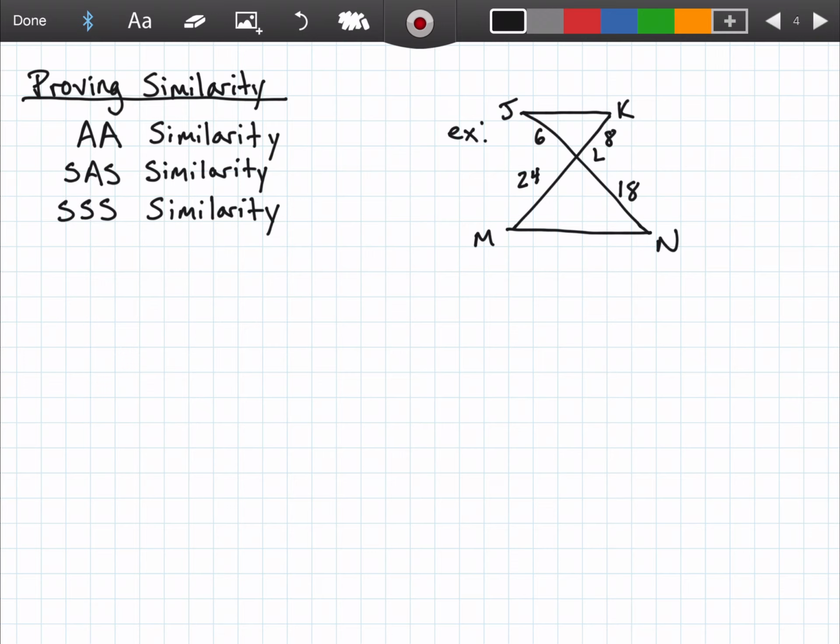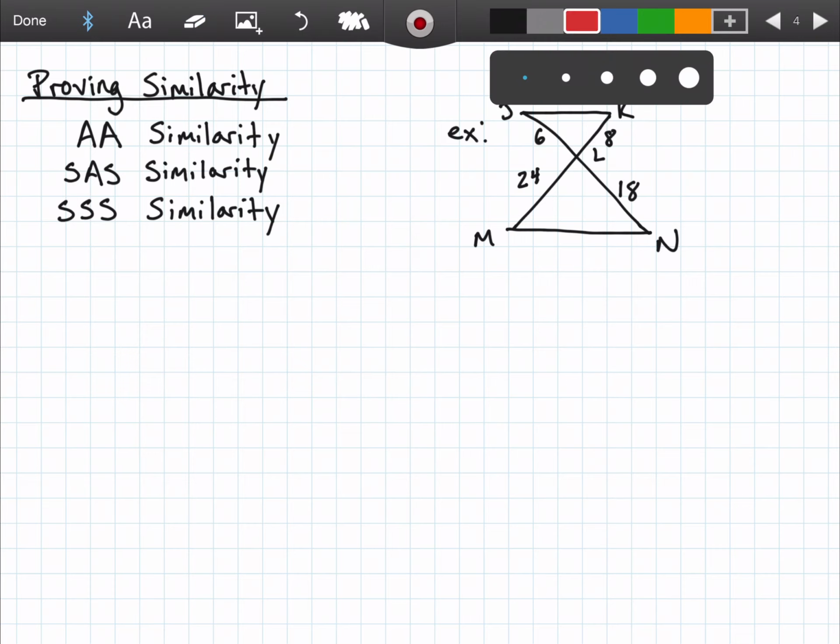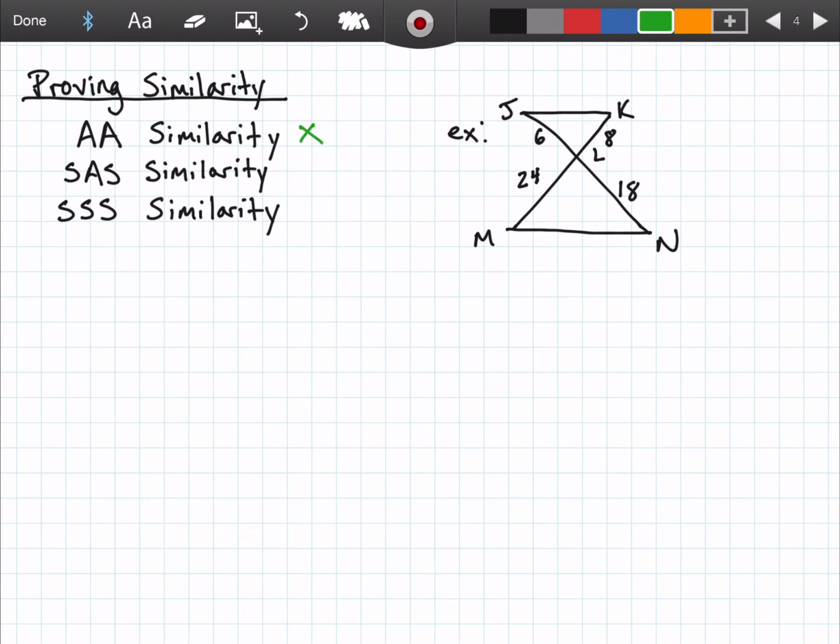Which one would you use here? Well, I have 2 sides labeled, so more than likely it's not going to be angle, angle. I don't have 3 sides labeled, so it's not side, side, side. This would be side, angle, side.